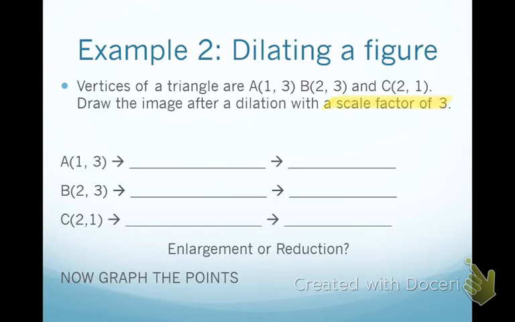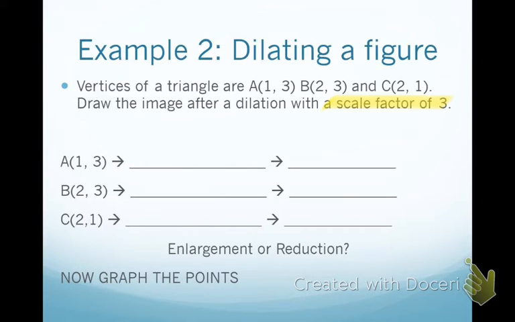Scale factor of 3. If my scale factor is larger than 1, then I'm enlarging the figure. Okay, if it's less than 1, then I'm actually reducing the figure. So is this going to be an enlargement or a reduction? Is 3 bigger than 1? Yes. Yeah, so I'm actually tripling this figure in size.